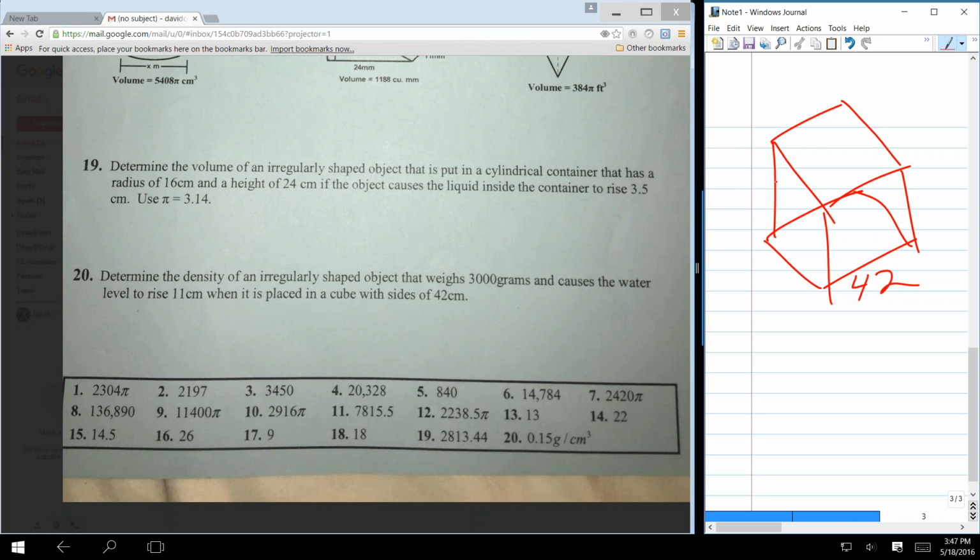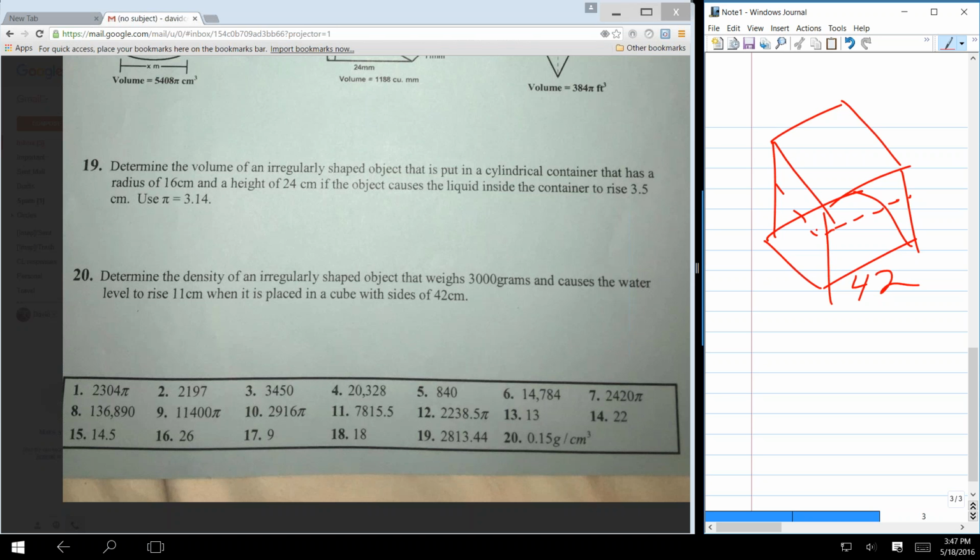In other words, the water level was at here, and that water level goes up by 11 centimeters. So would it be... Can't you just do 42 plus 42 plus 42? Not plus. Or times, I mean. Well, that would give you the volume of the cube.